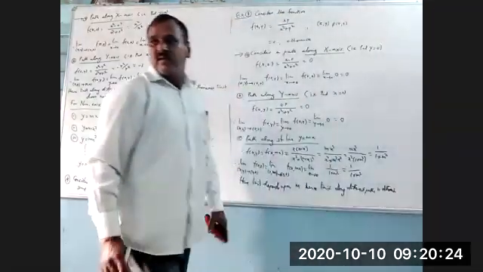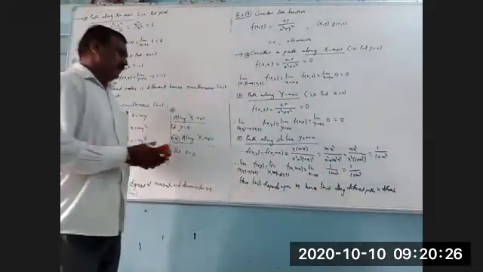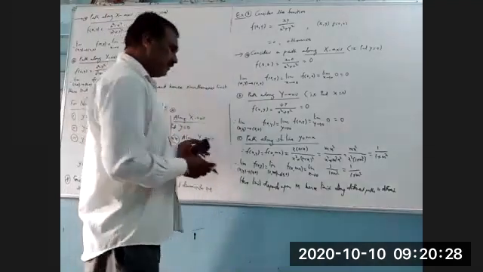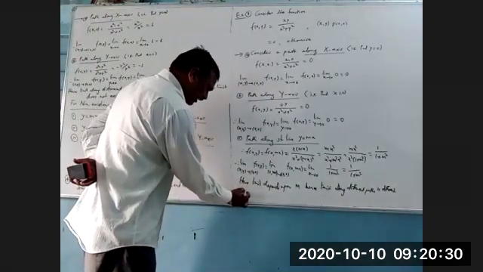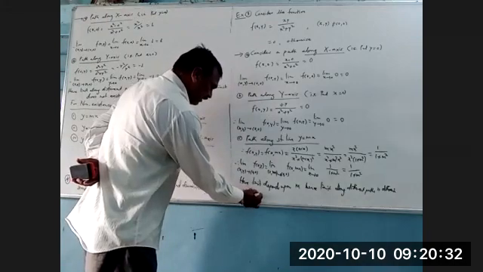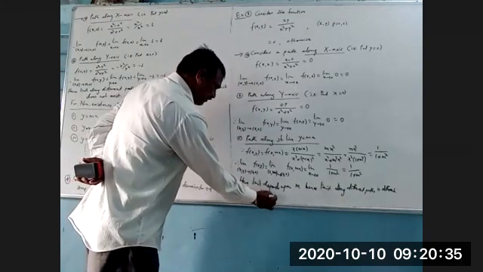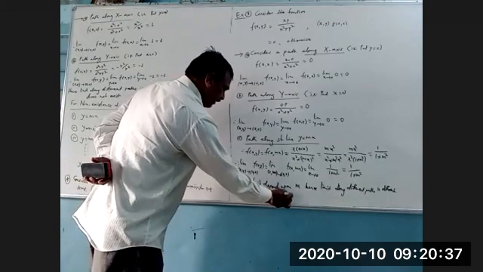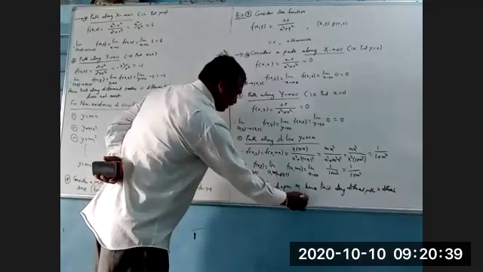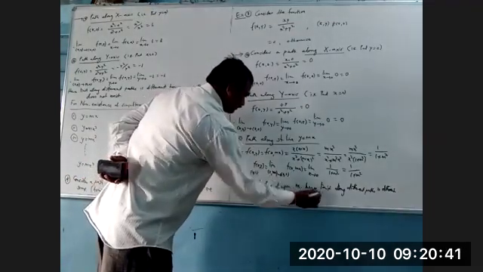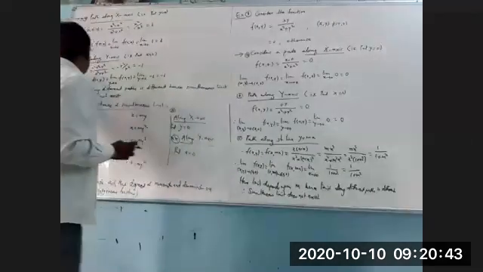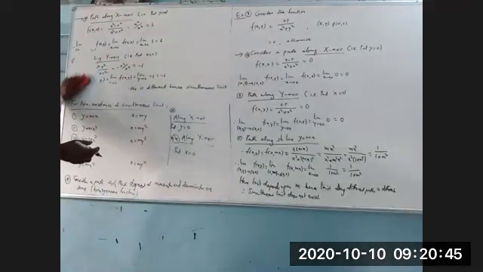Okay, along different paths is different. Therefore, we can conclude that the simultaneous limit does not exist. Simultaneous limit does not exist.